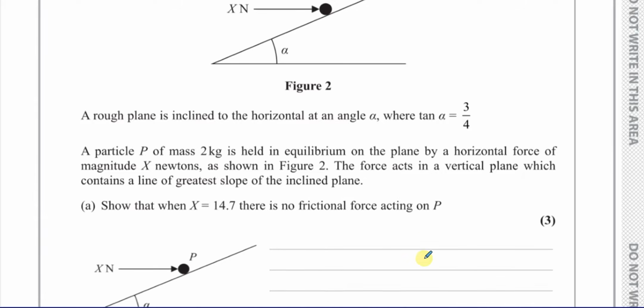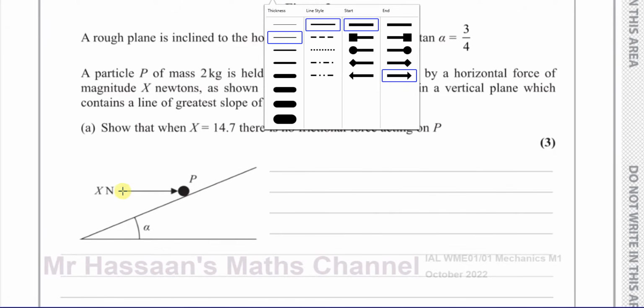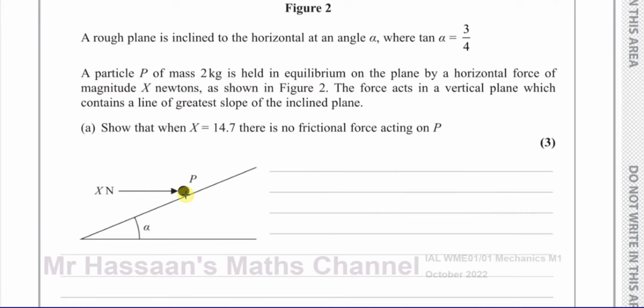Alright, now what I've done is I've got a little copy of the diagram below. The first thing I like to do in these types of questions, to make it easier to resolve the forces and see everything, and of course you don't have to do this, is to redraw this force after the object rather than before the object.